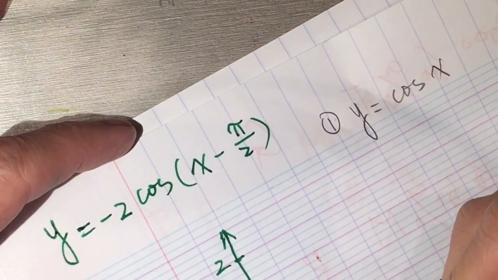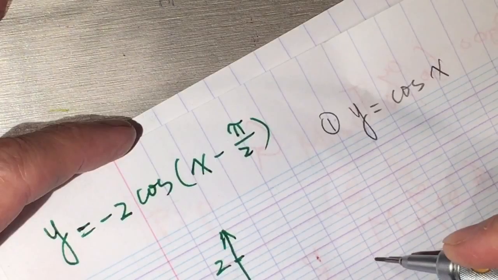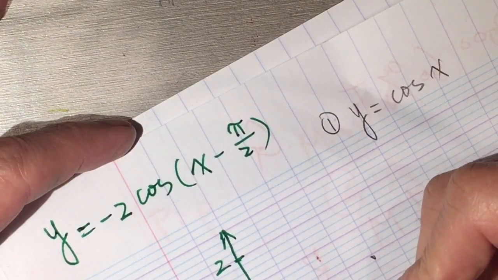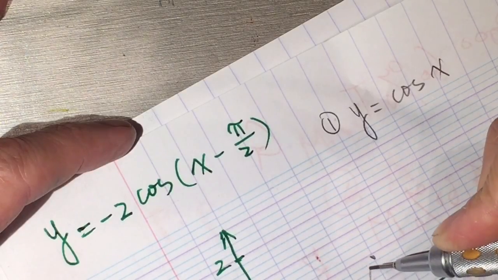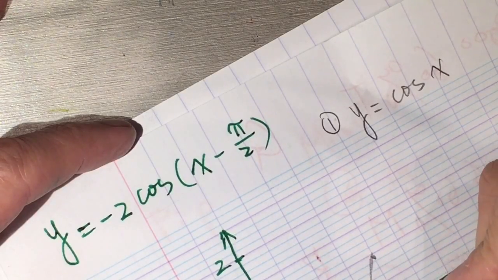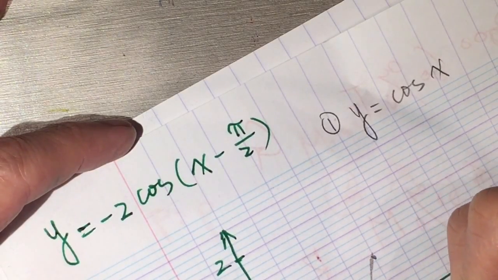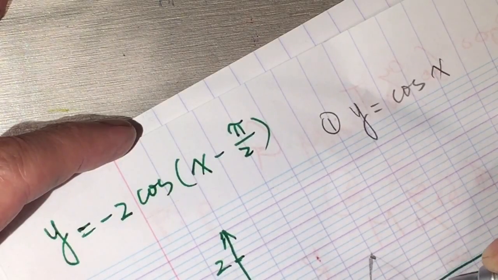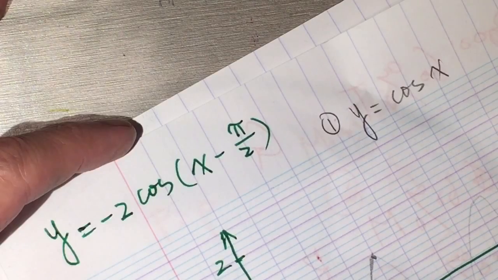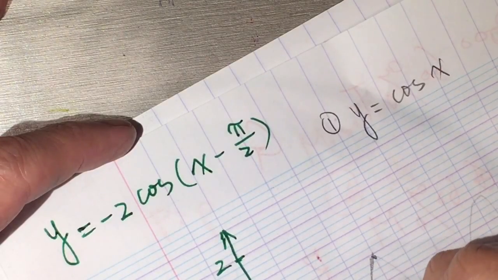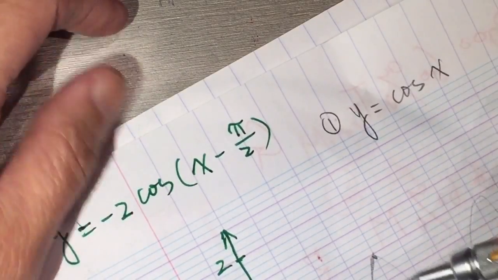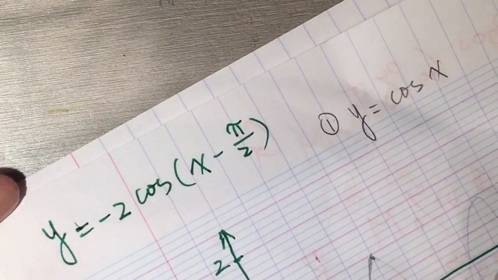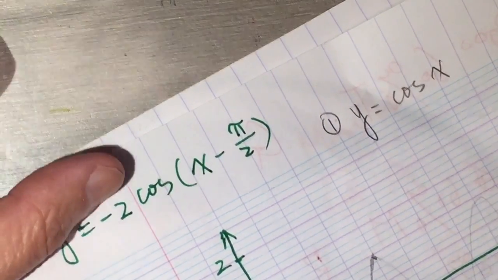We already know y equals cosine x is a graph like this, right? And it keeps on going, repeating after every 2 pi.